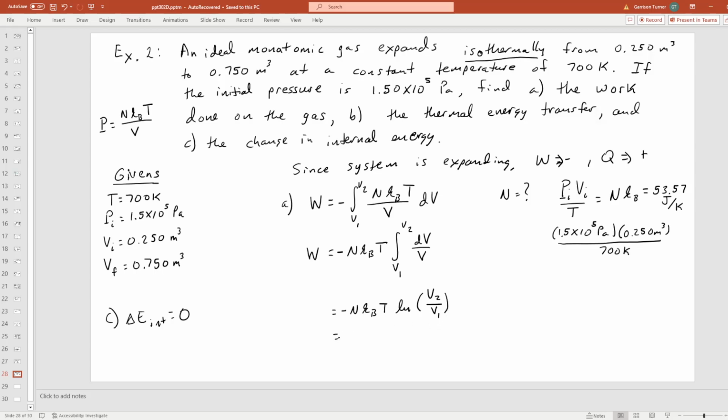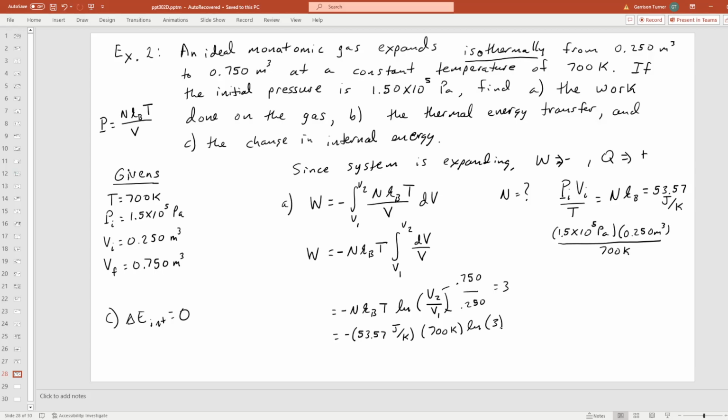Okay. And so this is going to be negative 53.57 joules per Kelvin times 700 Kelvin times the natural log of 0.75 over 0.25, right? That equals 3.